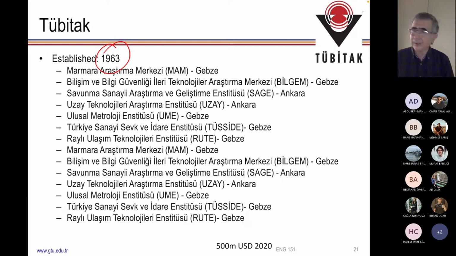Marmara Araştırma Merkezi at Gebze, Bilgem at Gebze, SAGE Ankara, Uzay at Ankara, UME Gebze, TÜSİDE Gebze, Raylı Ulaşım Teknolojileri Enstitüsü RUTE Gebze, Marmara Araştırma Merkezi MAM Gebze, Bilgem.